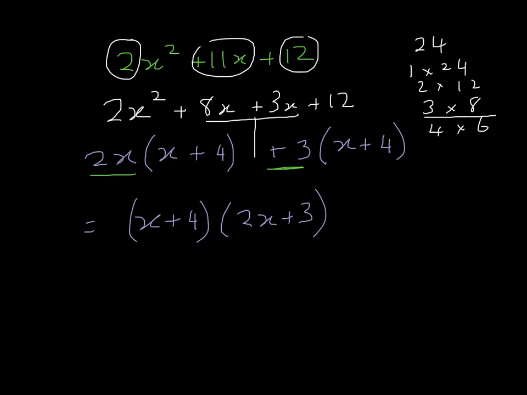So this is factorising complex quadratics, as we call them, when we have a number in front of the x squared. It's an easy way to do that. So that you get plenty of good practice, let's try 3x squared plus 7x plus 2.